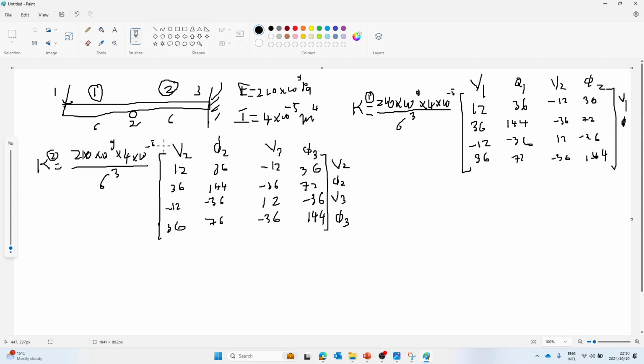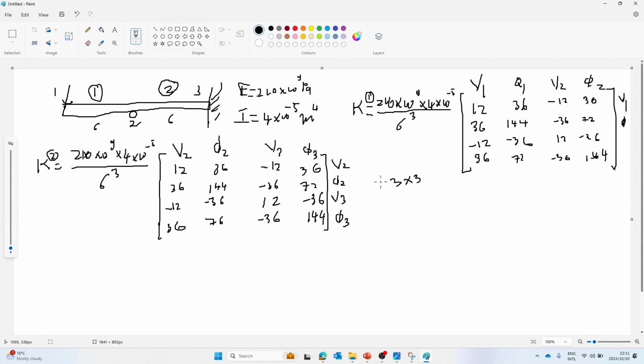Okay, remember, here's the trick. I told you how to know which matrix is gonna be a 2 by 2 or a 3 by 3. It is easy. You count the number of nodes. The number of nodes tells you the matrix that you have to use. You have node 1, 2, and 3. So you are expecting a 3 by 3. But here's the trick.